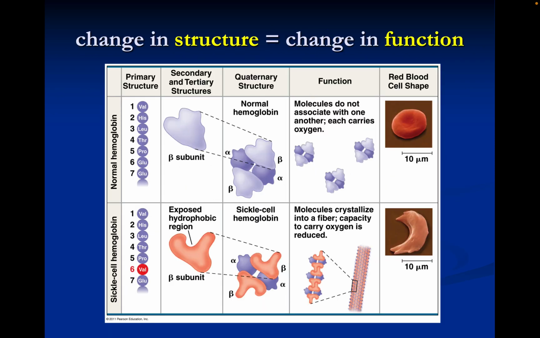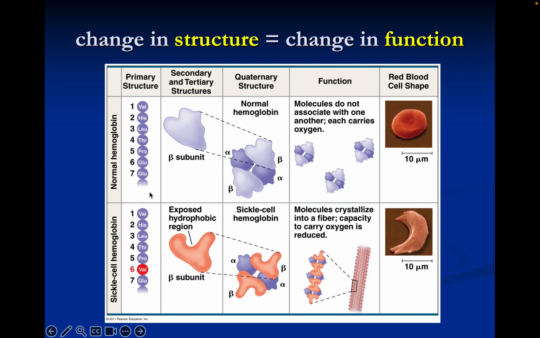All right, so a change in structure produces a change in function, right? Here we see a normal primary structure for normal hemoglobin, and it produces round red blood cells that are shaped appropriately to do their job and carry oxygen throughout the bloodstream. However, in people with sickle cell anemia, they have a change at the 6th amino acid.